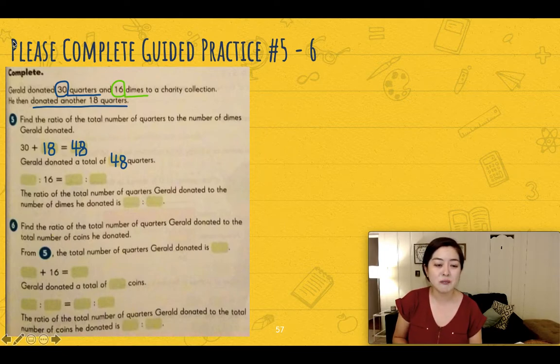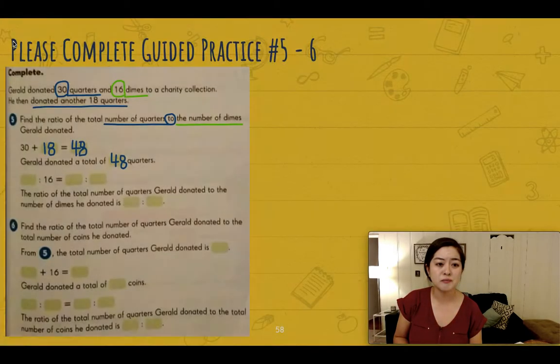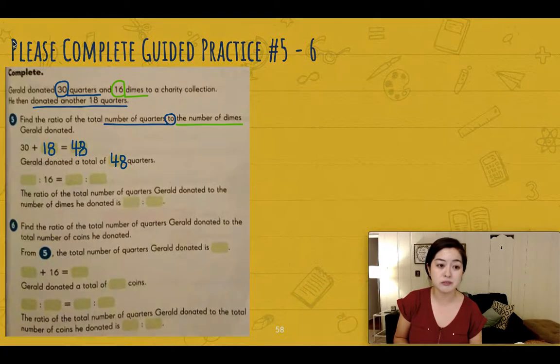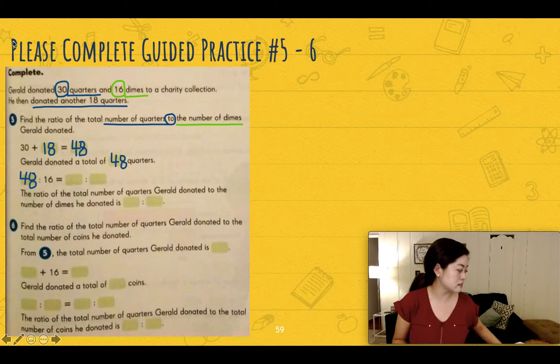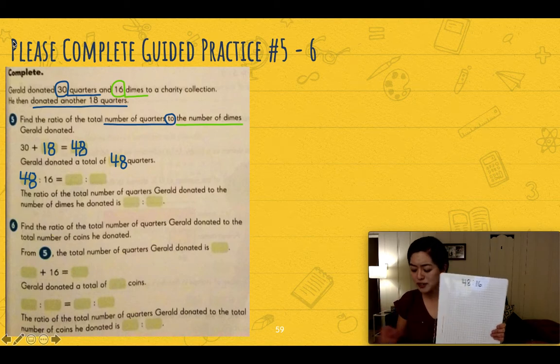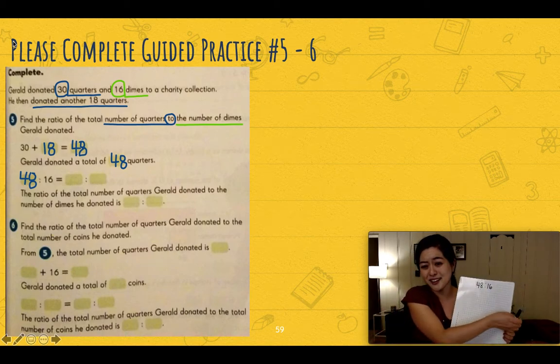And now, what's the ratio I have to write? Well, I have to write the number of quarters to the number of dimes that Gerald donated. So he donated 48 quarters and then 16 dimes. So the ratio is 48 to 16. And there's an equal sign. Why? Because we have to simplify.